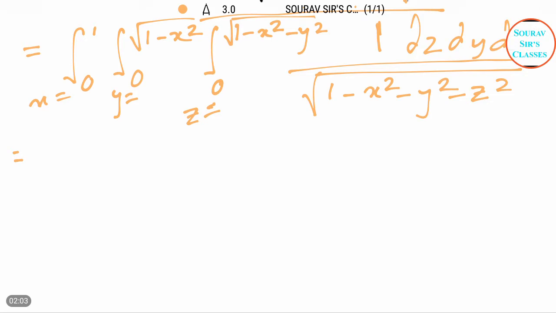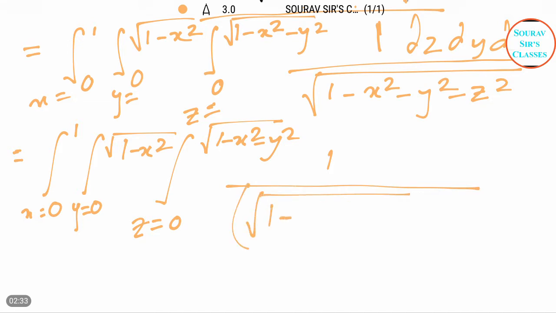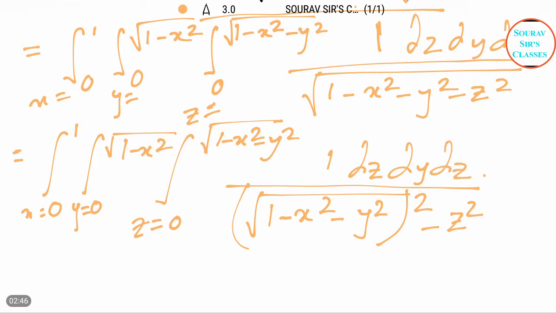So in our next line we can say integration x equals 0 to 1, integration y equals 0 to root over 1 minus x square, and integration z equals 0 to root over 1 minus x square minus y square, 1 divided by root over (root over 1 minus x square minus y square) whole square minus z square, and here we can write dz, dy and dx. We are simplifying this term.